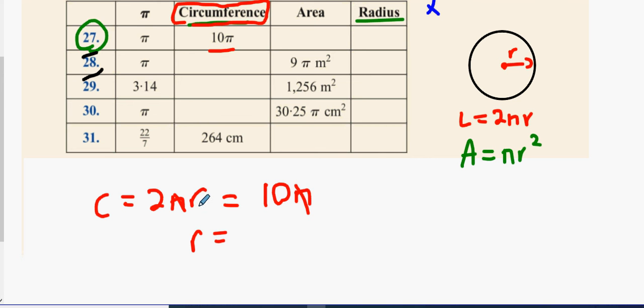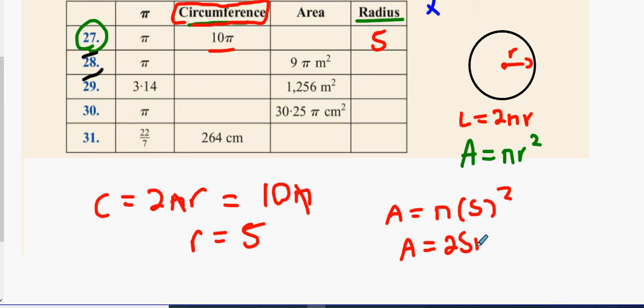What's 10 divided by 2? 5. What's the area of this? Area equals pi r squared, so pi times 5 squared. Anybody care to tell me? 25 pi. We on board? Okay.